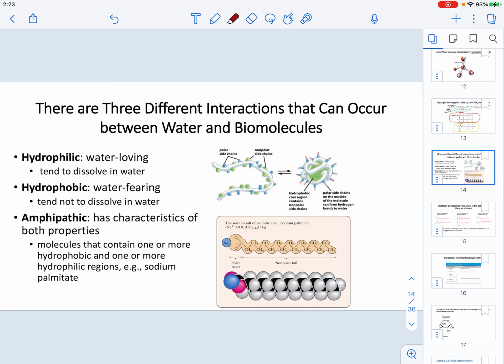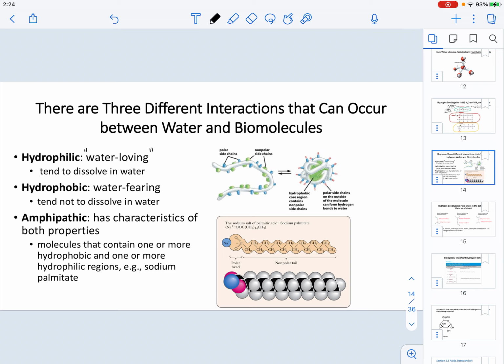The first one is hydrophilic. Hydrophilic stands for, quote unquote, water loving. If a portion of a biomolecule is hydrophilic, that means it's going to be able to interact with water, or it can dissolve in water.